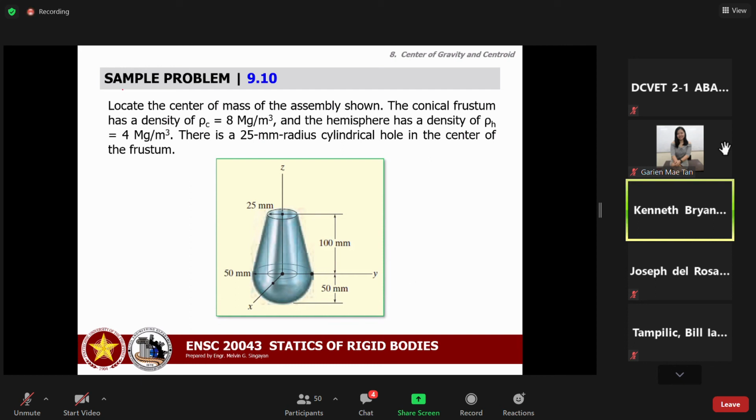Okay? So normally it's 3. Kumbaga, normally, if you look at this, you have 3. First is the conical frustum. Second is the hemisphere. The third one is the cylindrical hole.